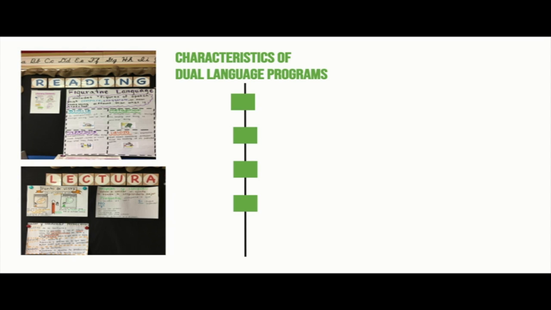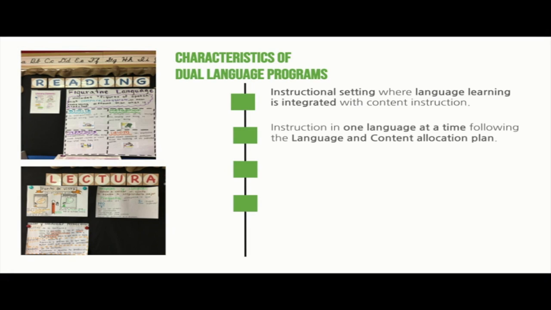Some of the characteristics of dual language are that the instructional setting is one where language learning is integrated with content instruction. Instruction is in one language at a time following the language and content allocation plan.